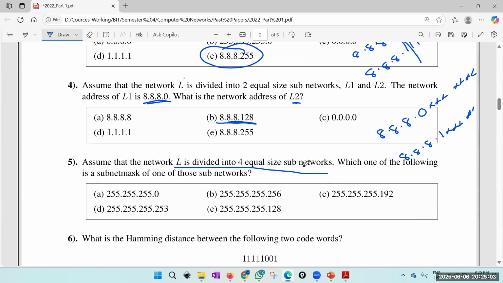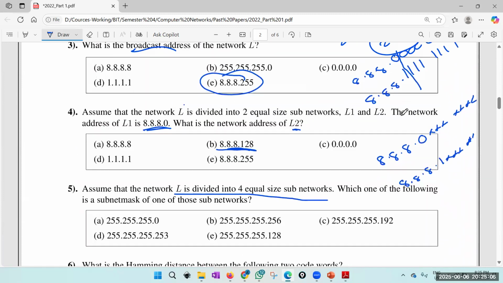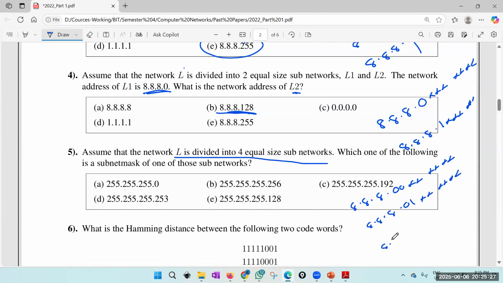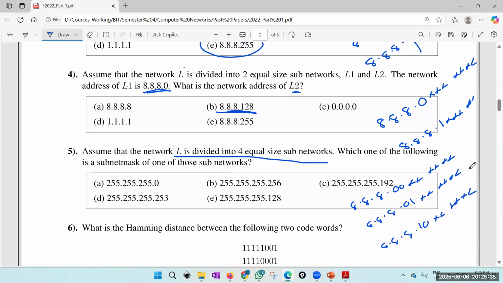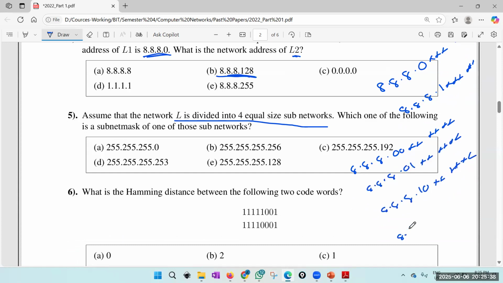Now it's 4 equal size, so that means we are going to borrow 2 bits now. 8.8.8.00, then 8.8.8.01, likewise 10, and the last one is 11, because those are the bit patterns available.